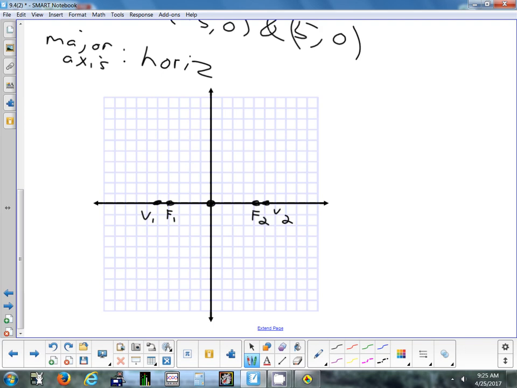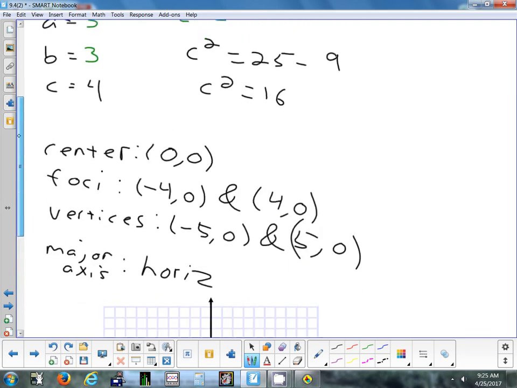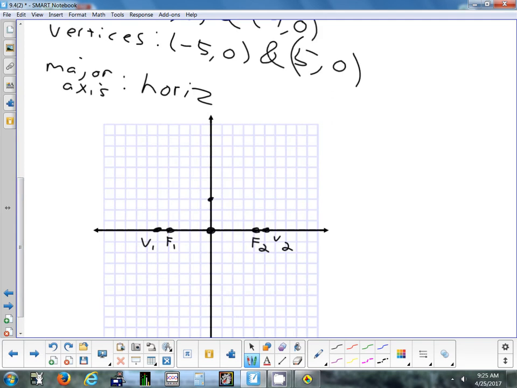That's what I'm not sure about. So what letter tells me the distance from the center to the minor axis? B. The distance from the center to the minor axis is 3 units. 3 and 3. So, it's kind of hard to sketch it. Perfect, but yeah, it's close enough. So there's your ellipse.